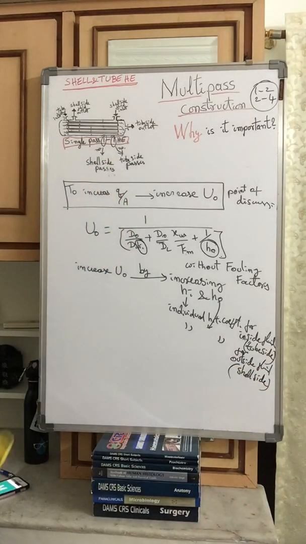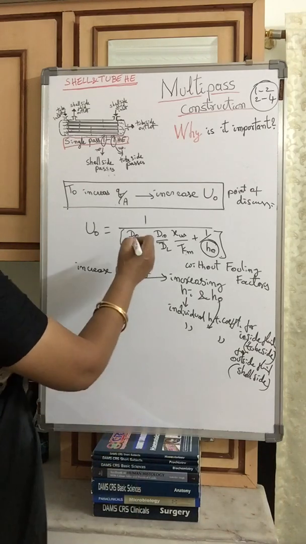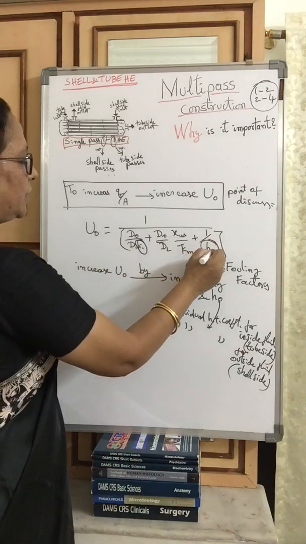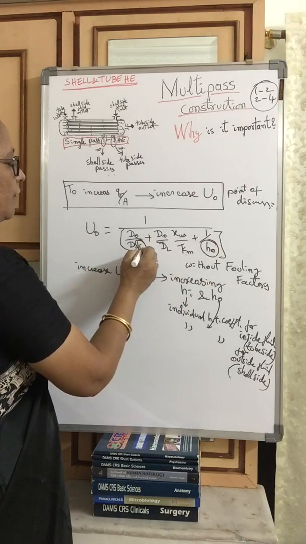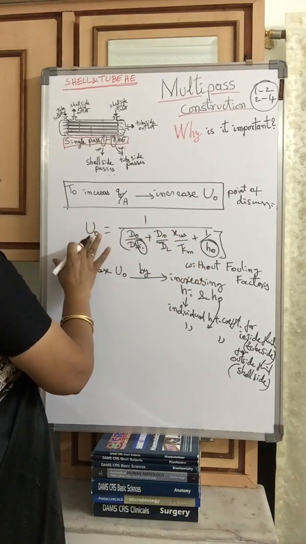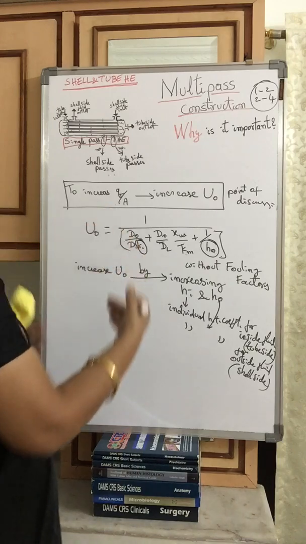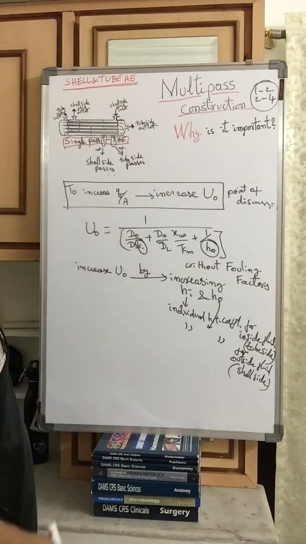So what we understood here is that if you increase the shell side fluid and tube side fluid heat transfer coefficients, U naught can be increased. If you increase U naught, then Q by A naught can be increased.